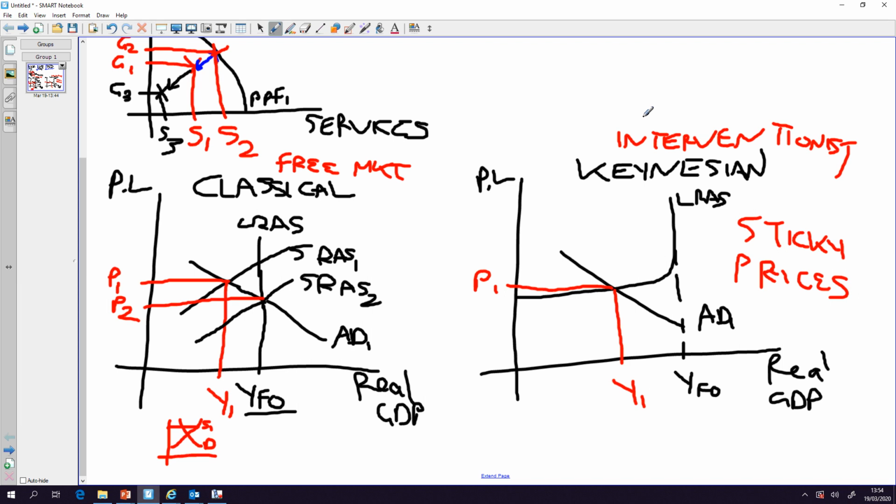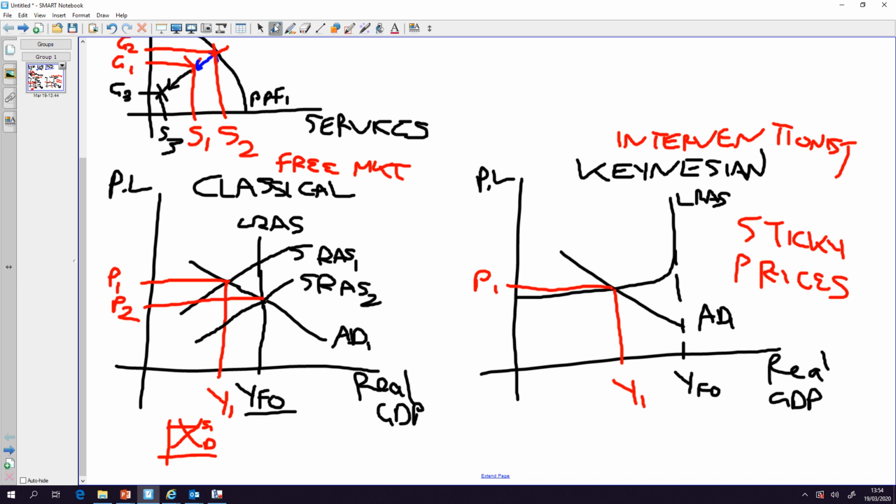They can't lower their wage expectations any lower. But also, we have trade unions in place, and these will also prevent wage reductions across society. So in a Keynesian world, in the long run, any output is possible. We could be on the YFO, but it's very unlikely that we will be. So in a Keynesian world, the economy can get stuck below its potential.